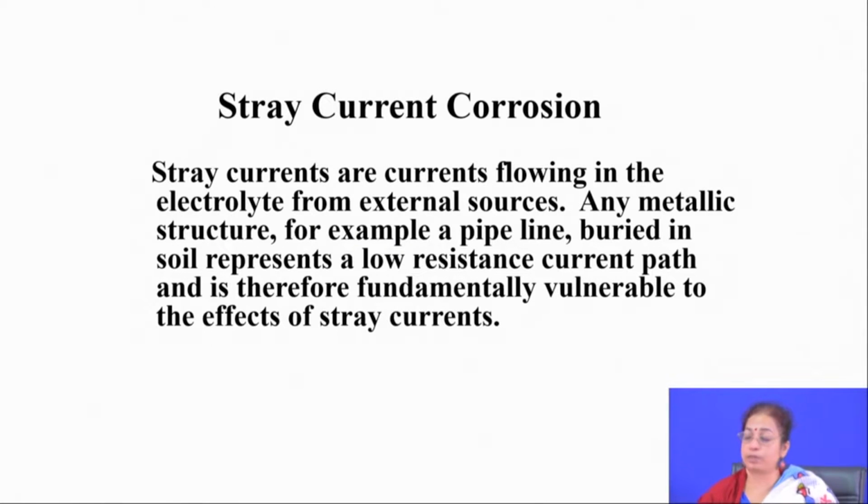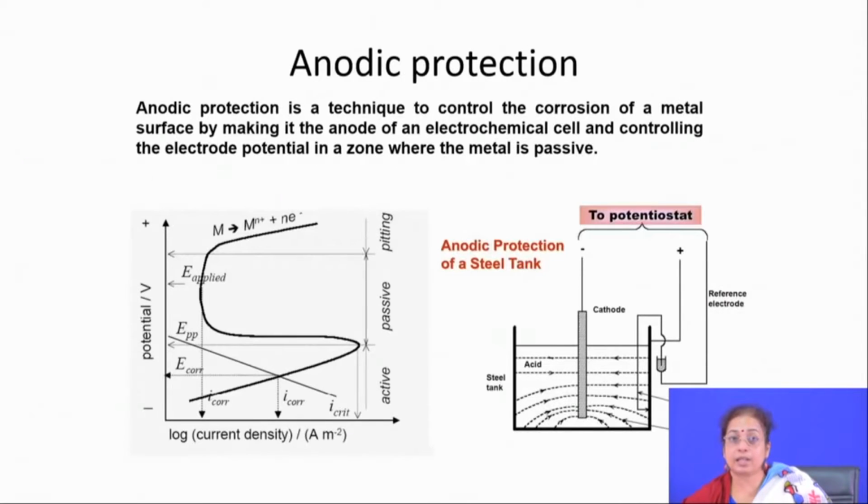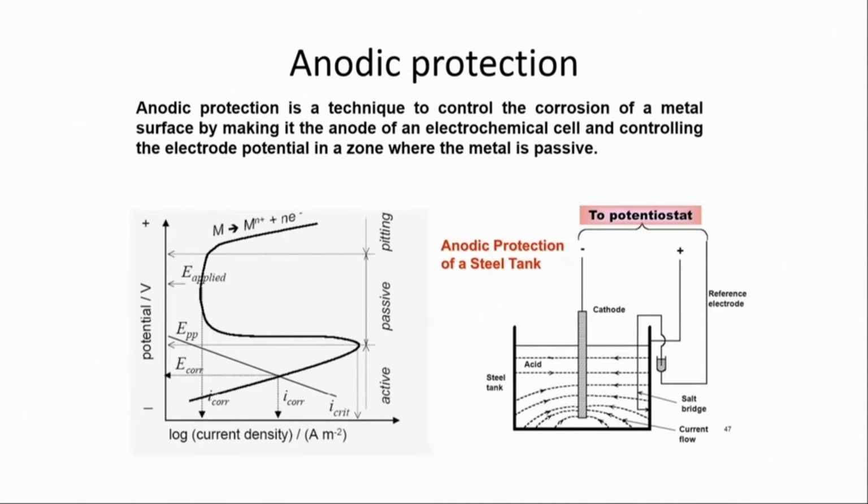So, you have to be very careful in building a structure next to the cathodically protected structure, so that it cannot corrode. So, another way of protecting the surface is by anodic protection.